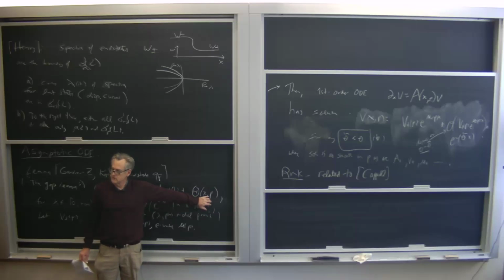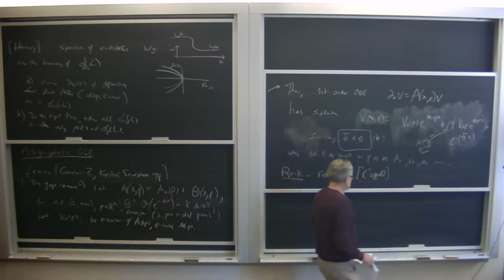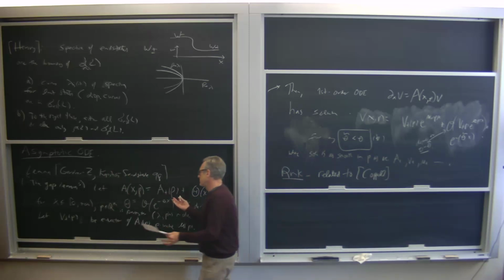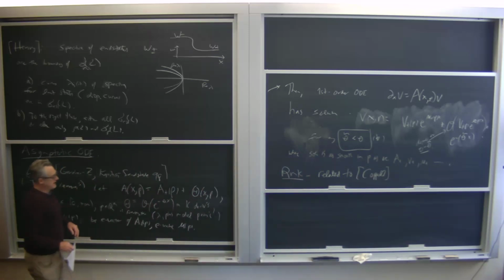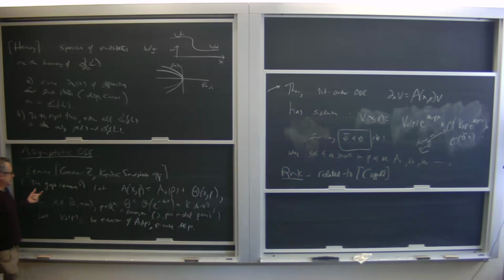He gets a similar result, but for his result, he needs a spectral gap between mu and the remaining eigenvalues. And so this lemma is basically saying exponential decay can substitute for a spectral gap. So it's called the gap lemma because of the absence of a gap. It's the opposite.